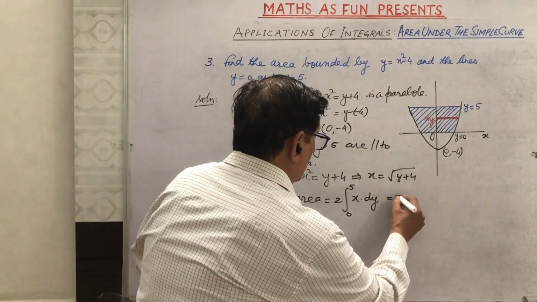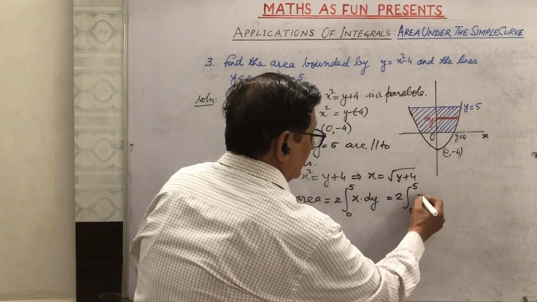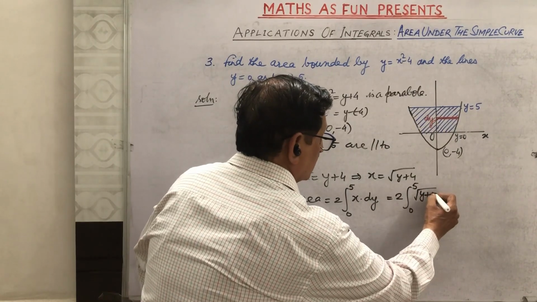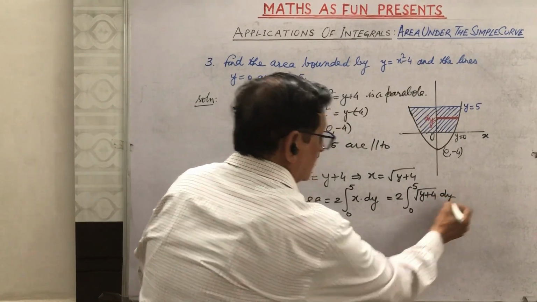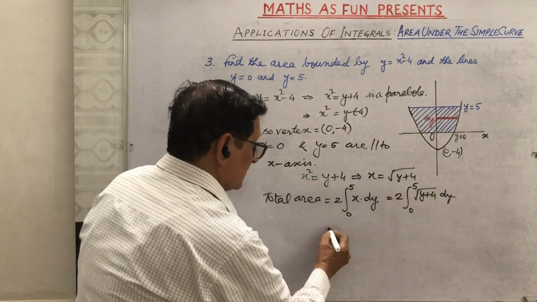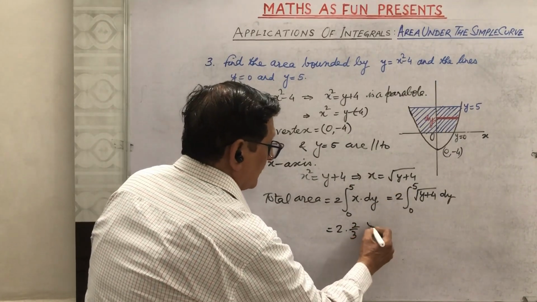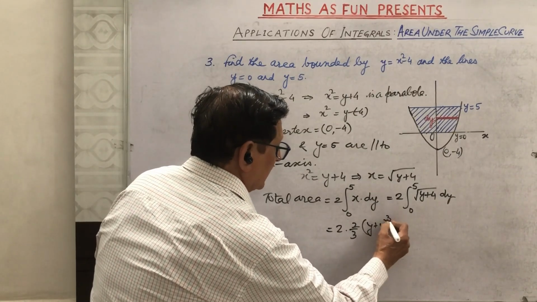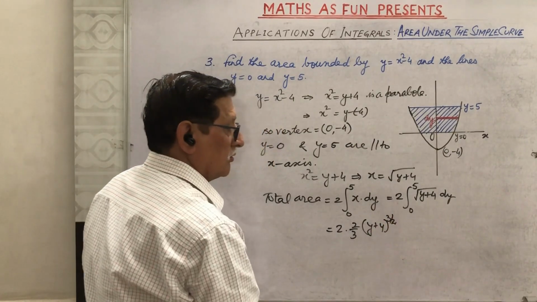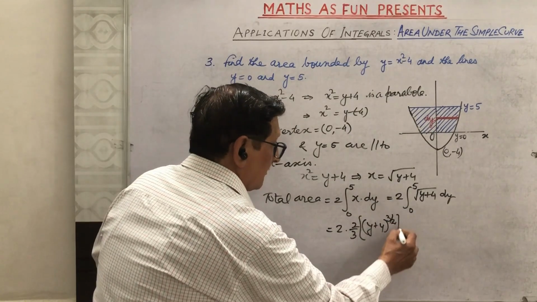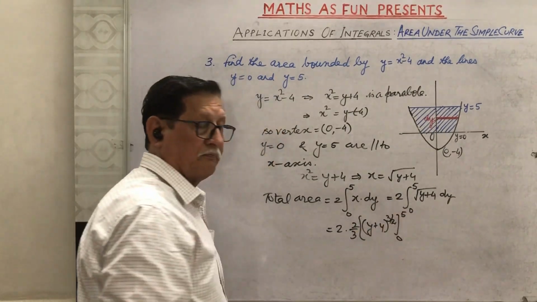This is equal to twice the integral from 0 to 5 of root of y plus 4 dy. And we know the integral of this is twice of 2 by 3 into (y plus 4) to the power 3 by 2, with limits from 0 to 5.